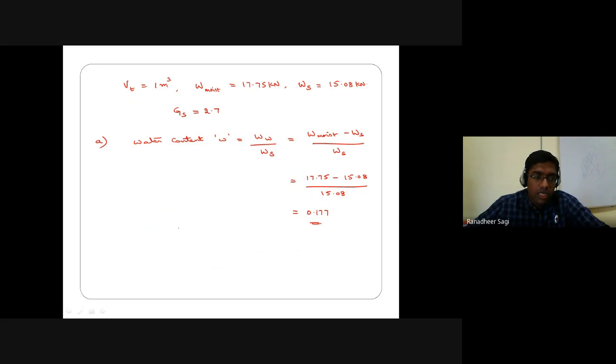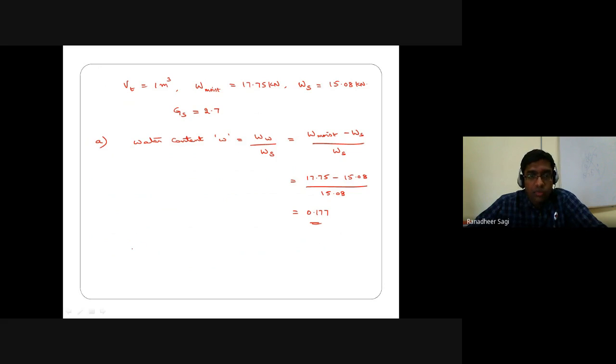Next, we can calculate the void ratio, porosity and the subsequent degree of saturation. The void ratio is the volume of voids to the volume of solids.